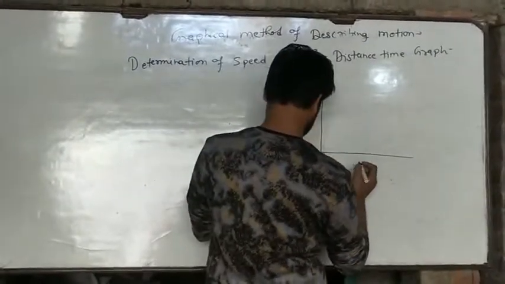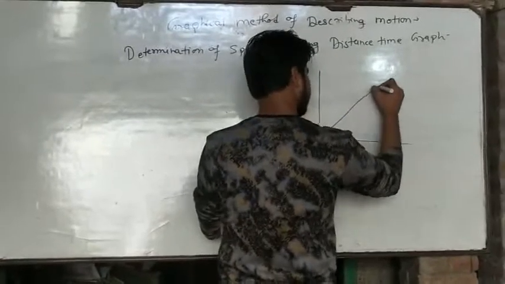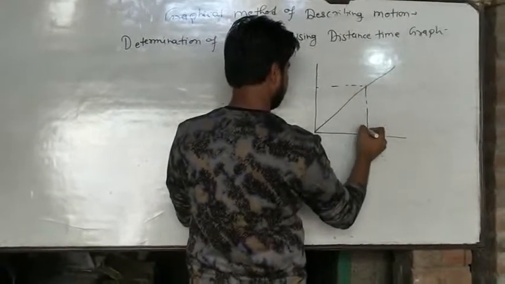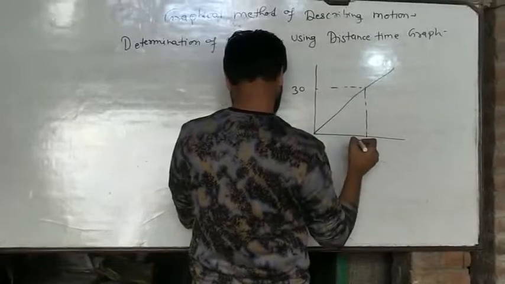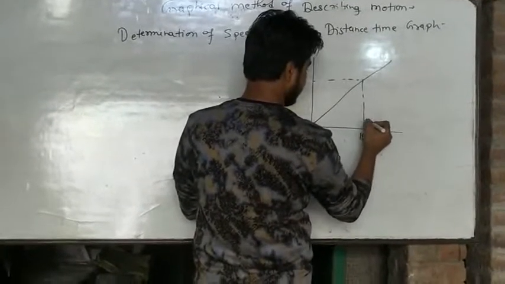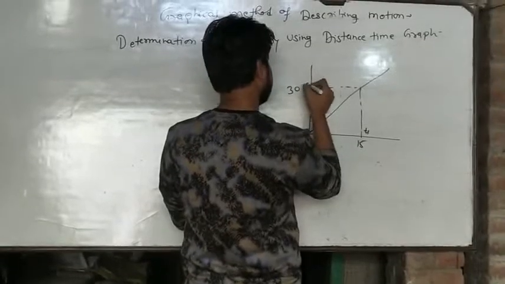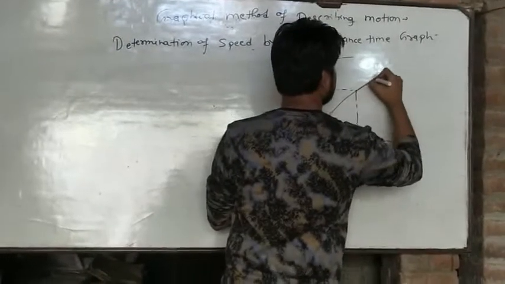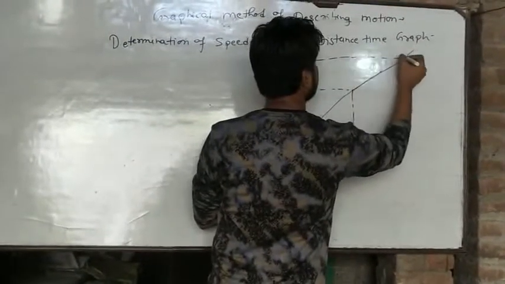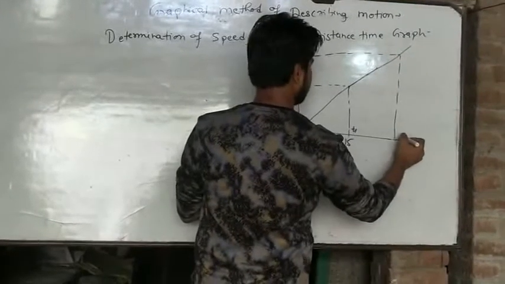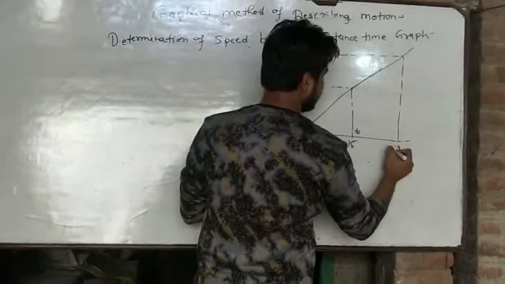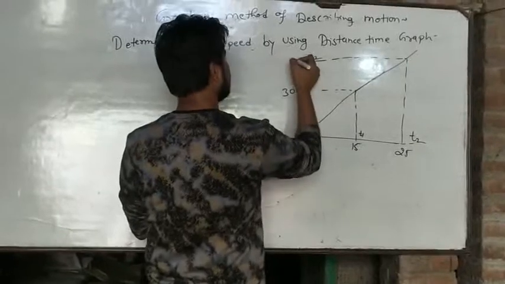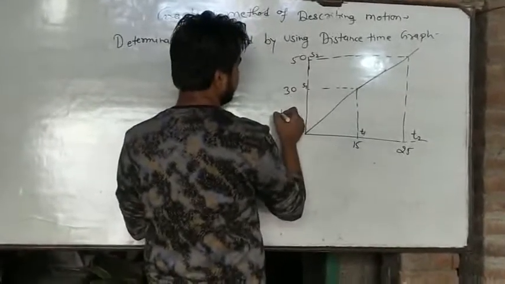Here we got 30, this is 15, this is T1, this is S1. This is 25, this is T2, this is S2, and this is 50 in meters.